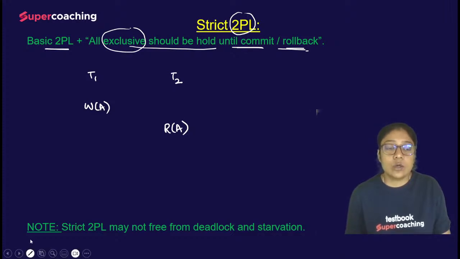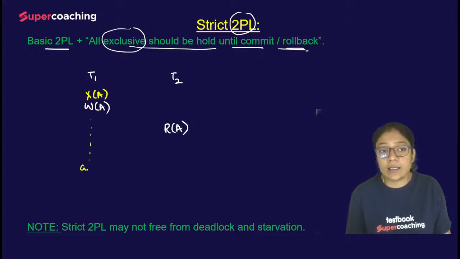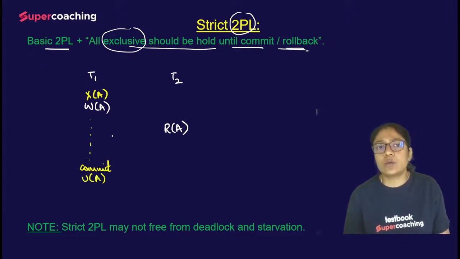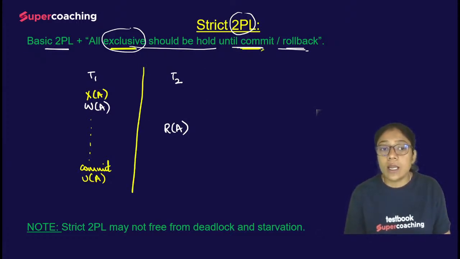So this exclusive lock cannot be released until it gets committed. As soon as it commits, it will be unlocked, then any other transaction can use it. So the lock will not be unlocked until it gets committed or rolled back, but there is no restriction on the shared lock. It's only on the exclusive lock.